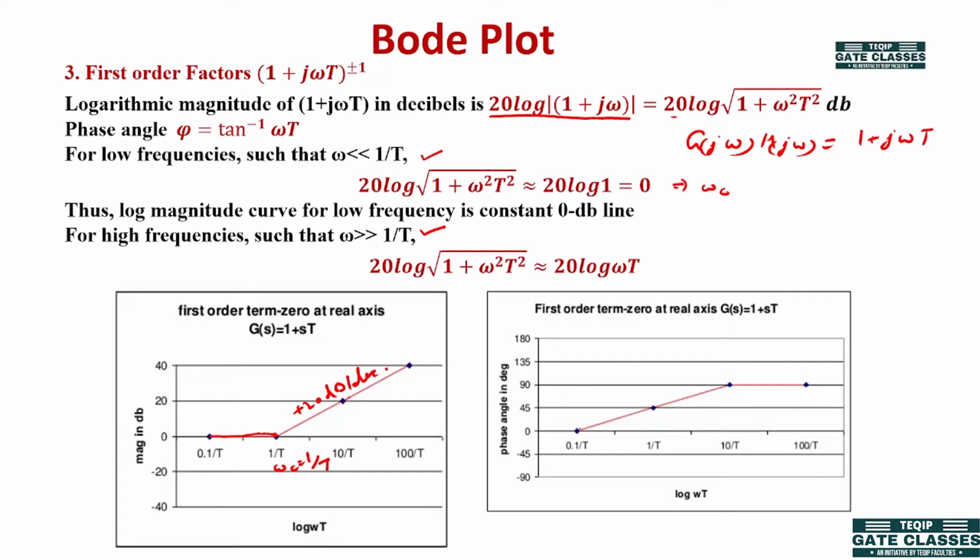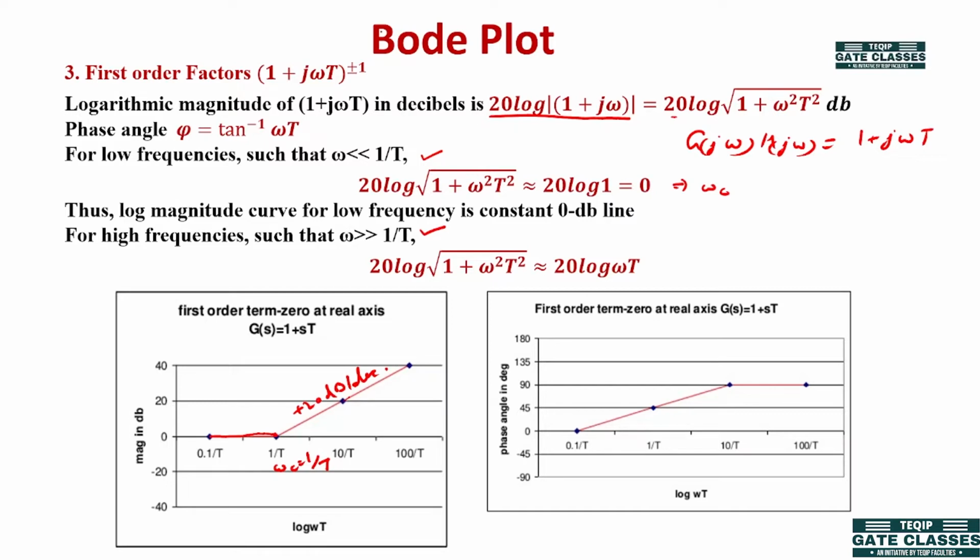And similarly, the angle now varies from 0 degrees to plus 90 degrees. Again we can calculate the angles at different values of omega while drawing the Bode plot, and plot them on the graph.